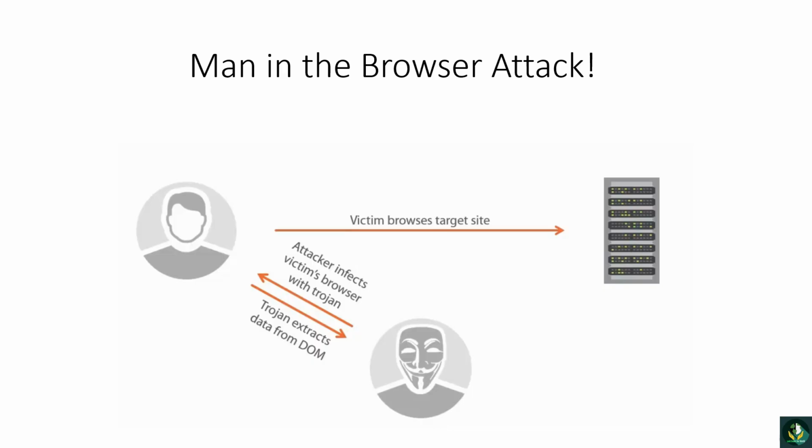So what that means is that when the victim browses the target site, the Trojan can execute and extract data from the DOM. What would be used within the DOM of a browser is clearly anything that is entered into a browser, such as credentials. For example, anything that persists in the browser, such as cookies.